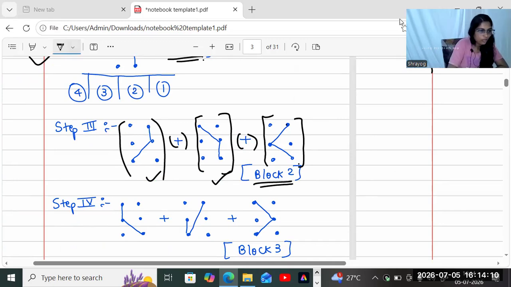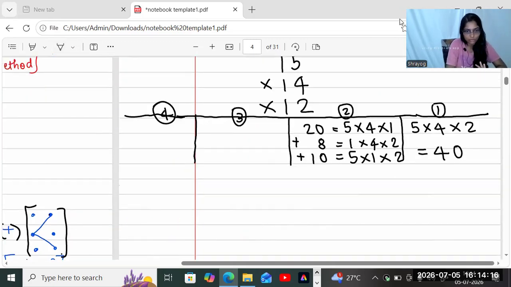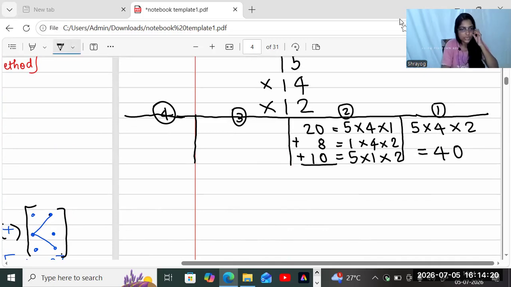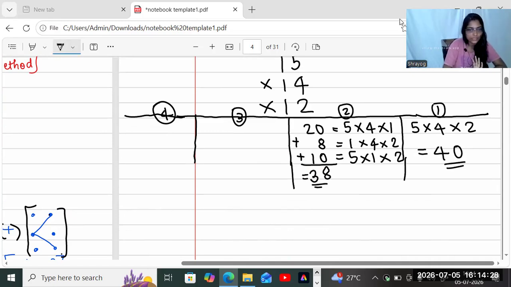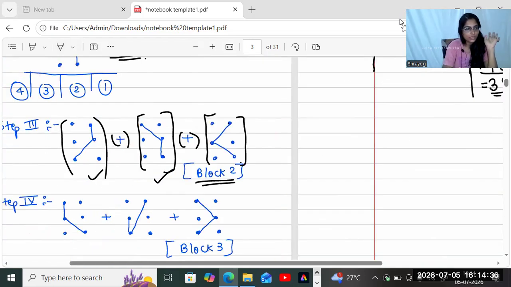It means whichever answer you get in step 3, you have to mention in block 2. Now add this up. In block 2, I get the answer 38, and in block 1 there is 40. Now, moving forward, our step 3 is done.